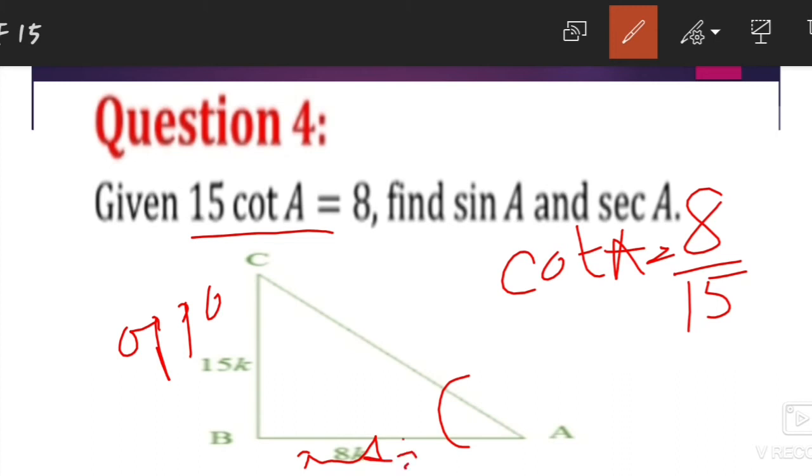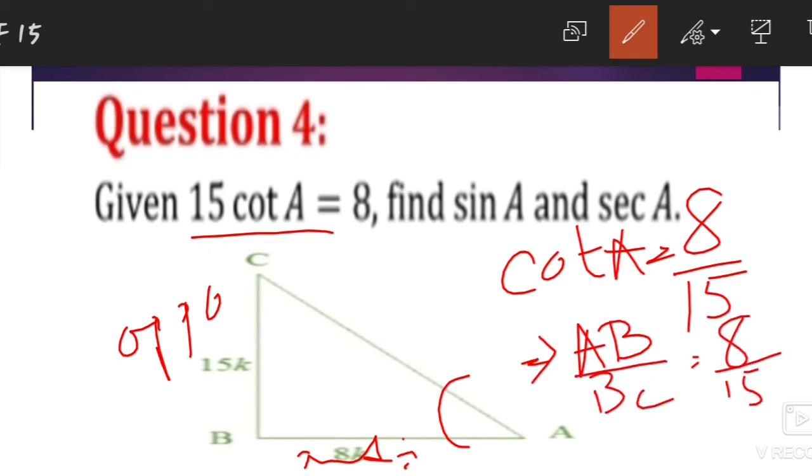The formula of cot A is adjacent by opposite, that means AB by BC is 8 by 15. So you can consider AB as 8K and BC as 15K.